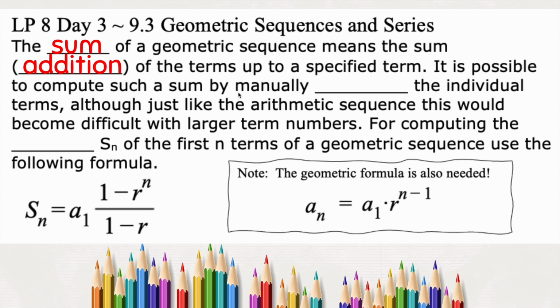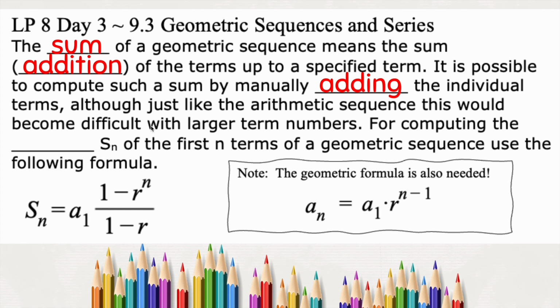So it is possible to compute such a term by manually adding the individual terms, although just like the arithmetic sequences, this would become difficult with larger term numbers, right? If I asked you to add all of the sequence numbers up to the 100th term, well, that's a lot of term numbers to not only know, but to add. There's a lot of manual error that can happen there.